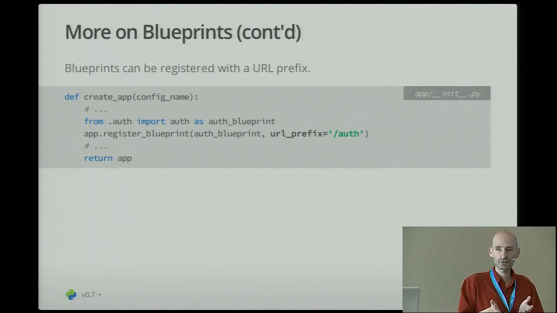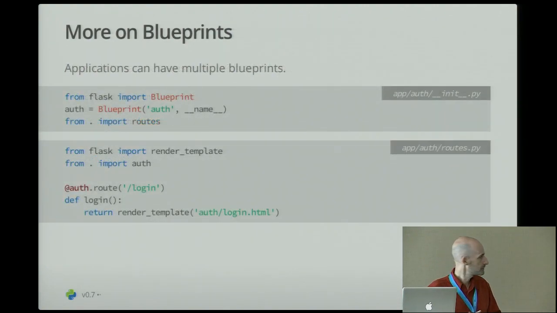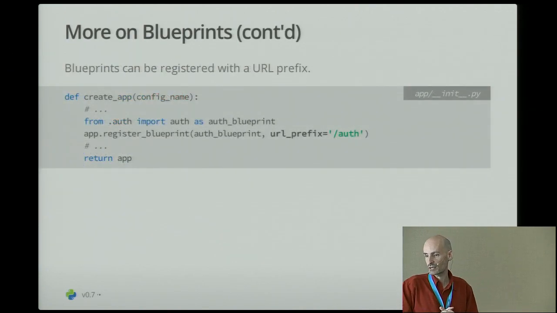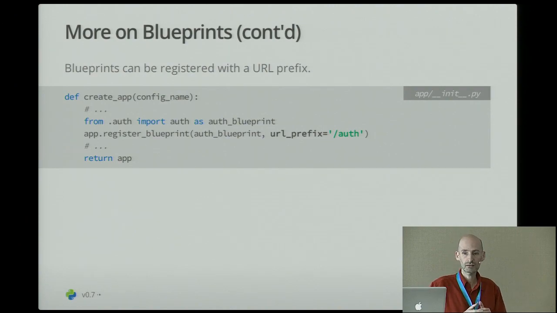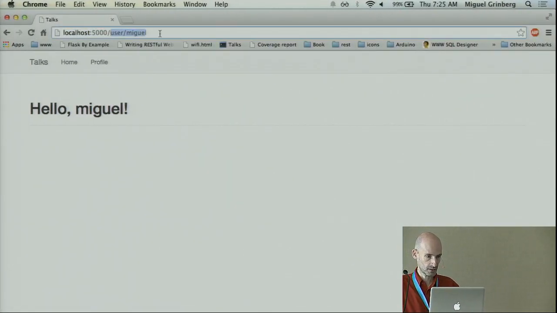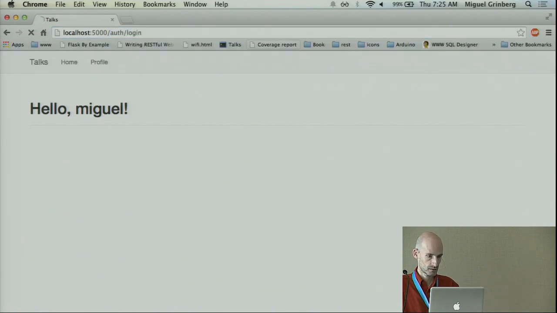So then all the routes that are defined in that blueprint will have that prefix. My only route so far is /login. When I register that route with /auth as a prefix, then the URL for that route will be /auth/login. And hopefully that should be already working here. There you go.